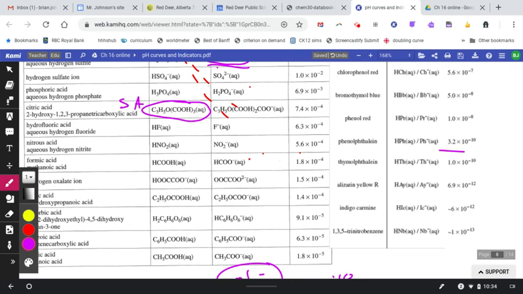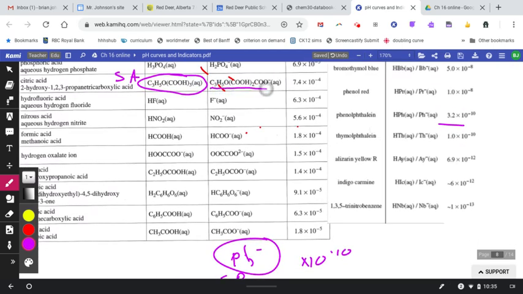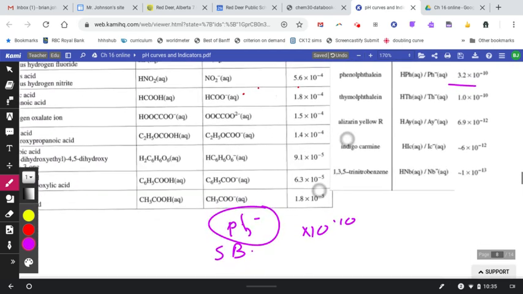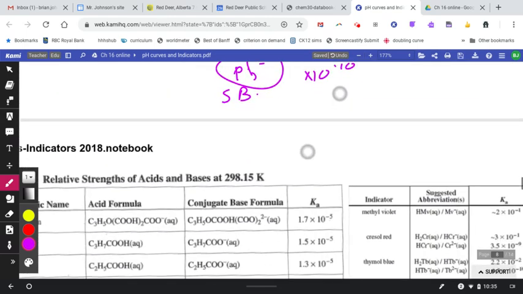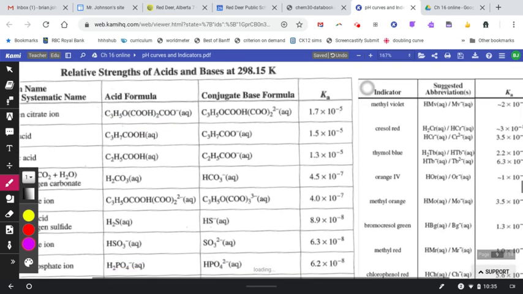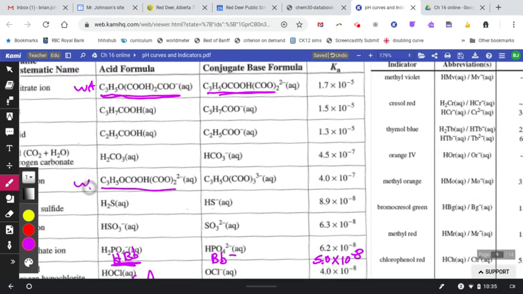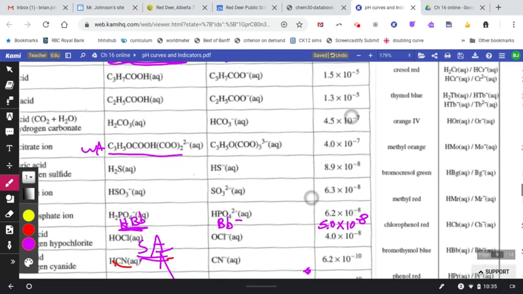And interestingly, this one has a couple other forms as well. It donates its first proton and becomes another weak acid, which is this guy, which is crazy. That's why this is a challenge question. So it has a second form, which is also a weak acid. Here's the product, which is also a weak acid. This is unbelievable. So this thing has 3 weak acids.